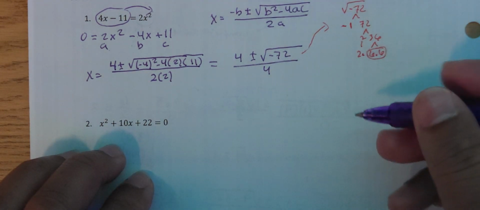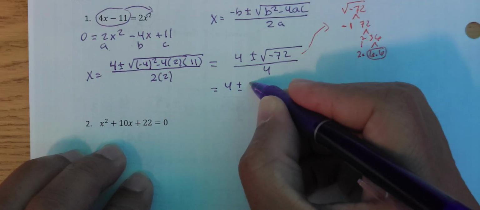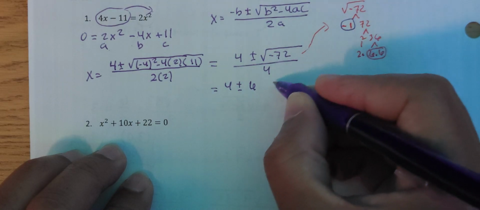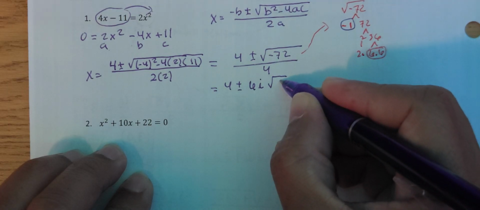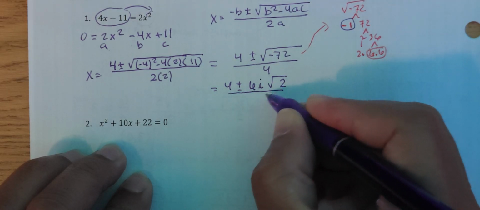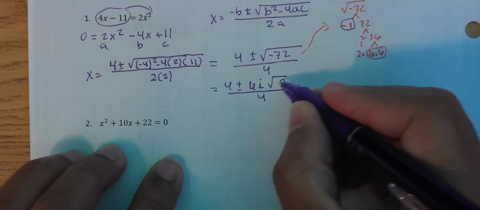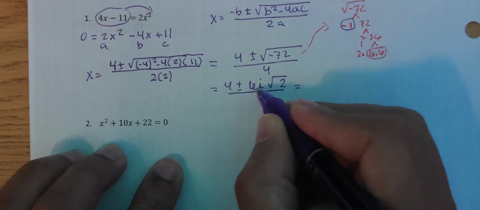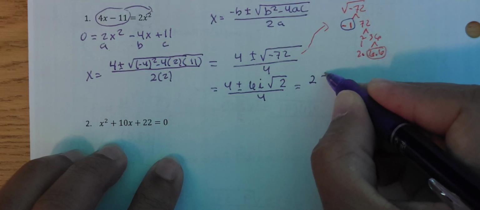So then this will be 4 plus or minus 6 comes out along with i, so 6i. The square root of 2 stays inside, and then this is over 4. Now let's reduce. We can factor out a GCF of 2 from 4 and 6. So 2 comes out.